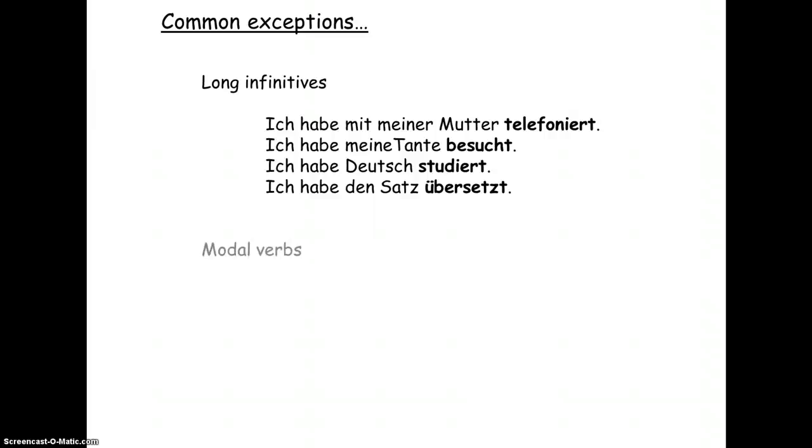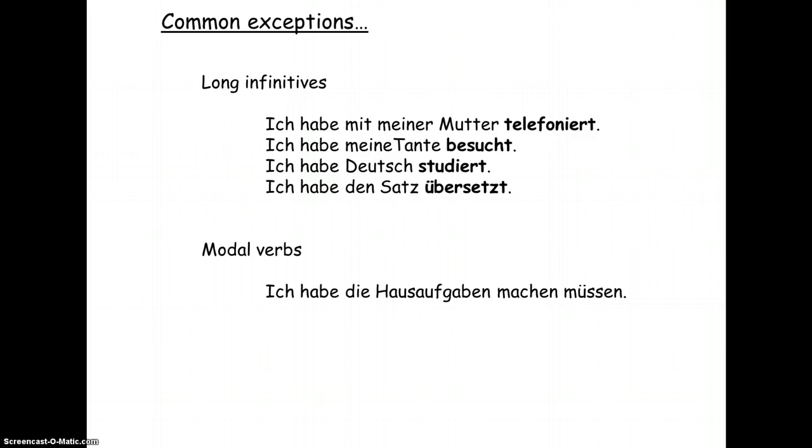And the other thing are modal verbs. So modal verbs use the infinitive as their past participle. There's no GE, there's no T on the end. Some strong verb lists will just put the modal verbs on, so you don't need to worry about it, but it's worth mentioning. Ich habe die Hausaufgaben machen müssen.